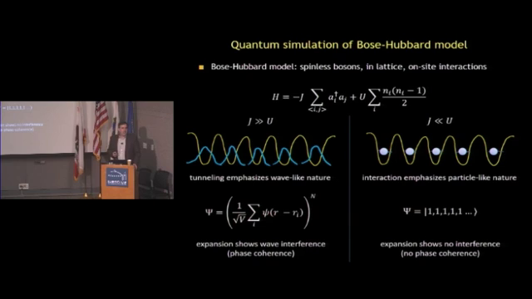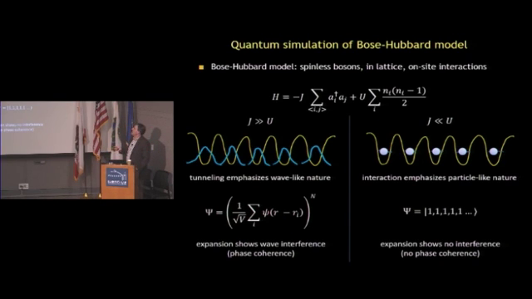Let me give you just a quick example of a quantum simulation experiment, just so I can tell you about something that happened in our labs. This is, let's call it, the effort to simulate the Bose-Hubbard model. The Bose-Hubbard model is the model of bosons that hop in a lattice while also interacting with one another. It can be studied either simply or with difficulty in numerics.